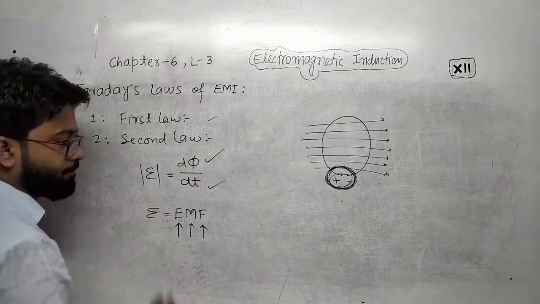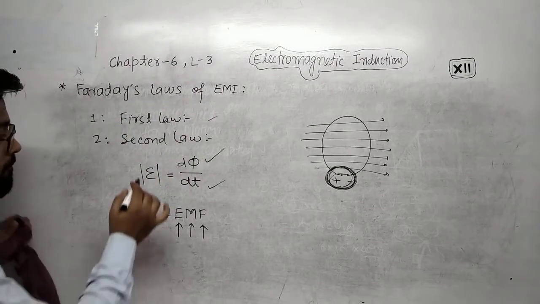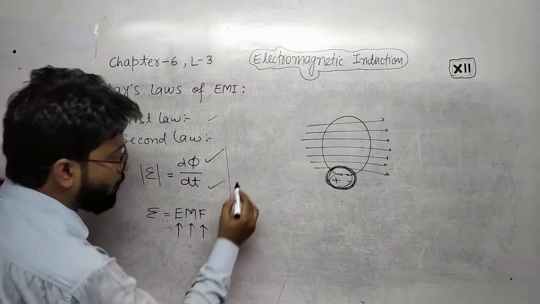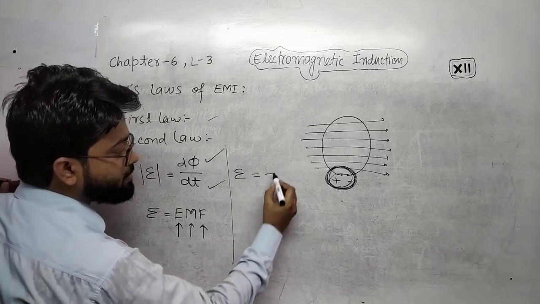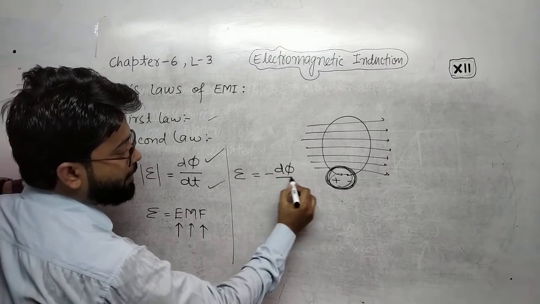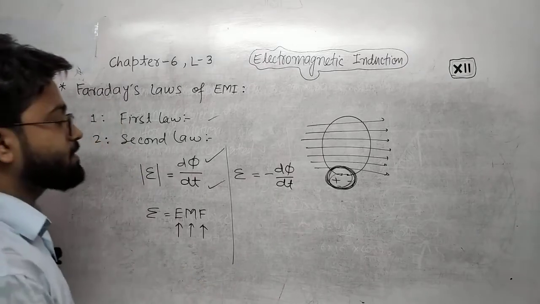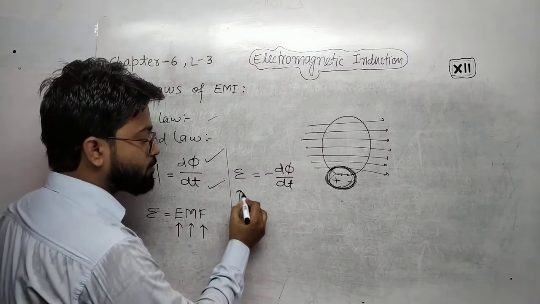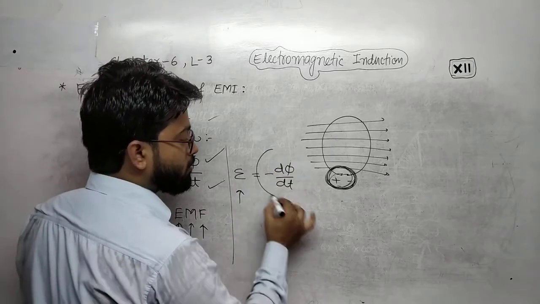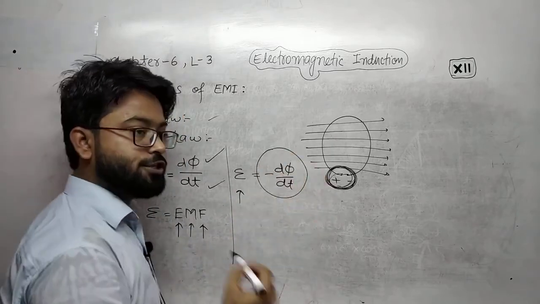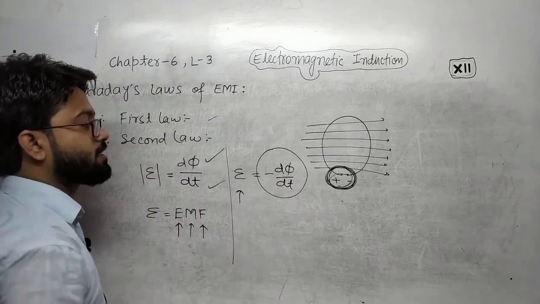Hope you are understanding. Now we know that in general form we will write EMF equals minus d phi upon dt. In other words, the EMF produced across the ends of the coil will be equal to the negative rate of change of magnetic flux with respect to time.